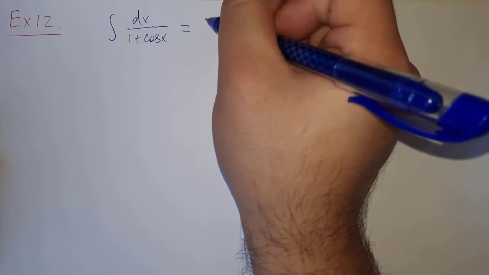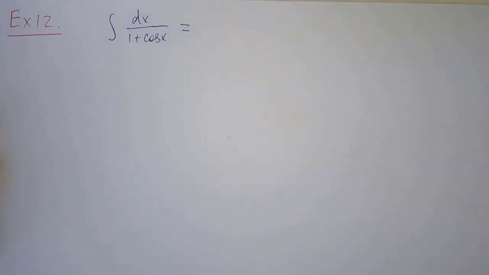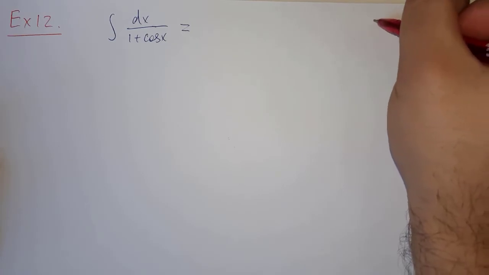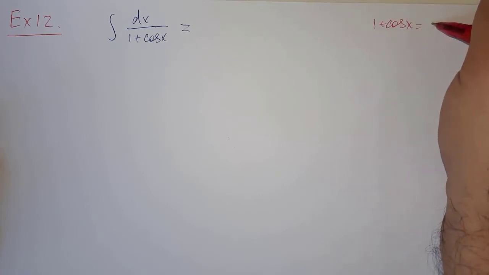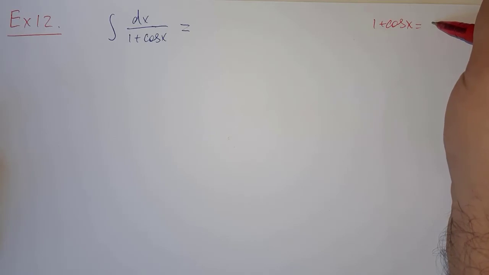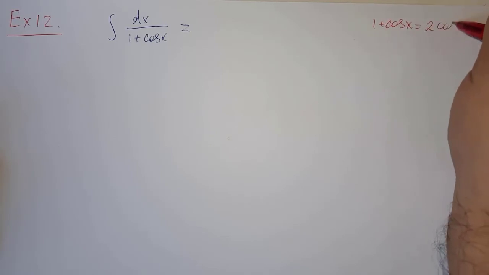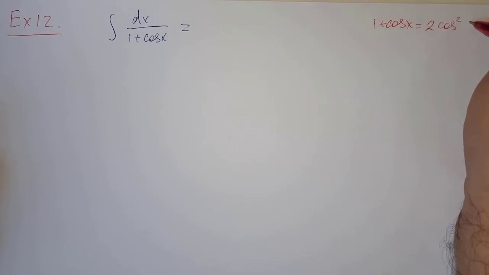If you remember, 1 plus cosine x is 2 cosine squared x over 2.